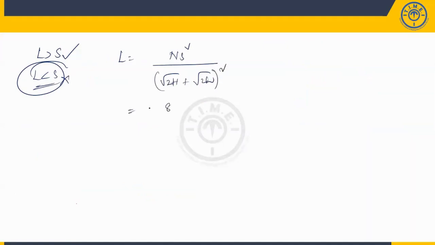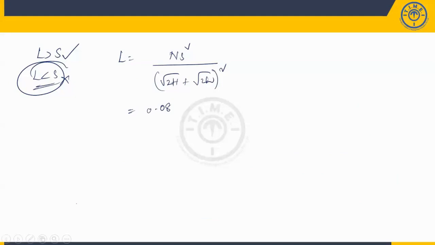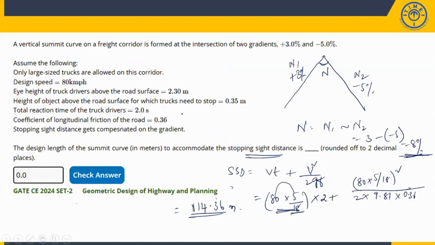N is 8 percent, 0.08, because we got it here. 0.08 into S, which is your SSD, 114.36 whole square, divided by root 2 into H.